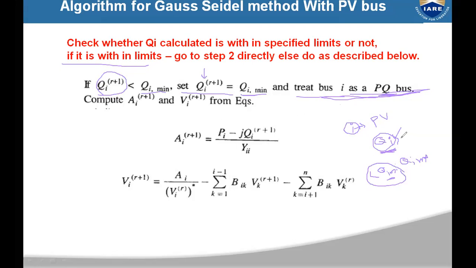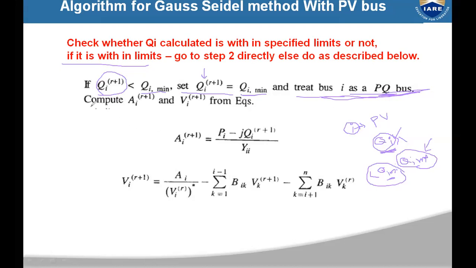Suppose it is greater than the Qi maximum value, then you have to set the Qi value equal to the Qi maximum value. Then again you have to consider it as a PQ bus. Okay, so as usual, as you do the calculation for a PQ bus, you have to do it in a similar way.